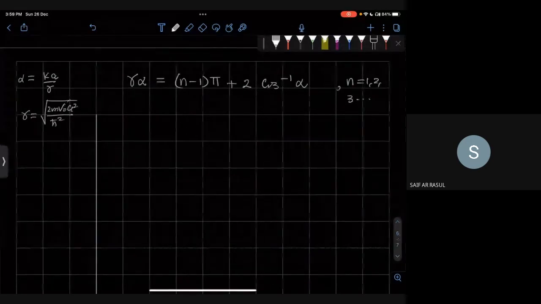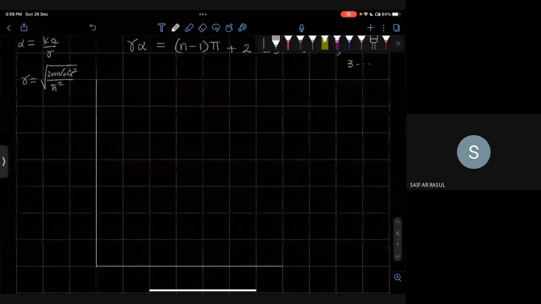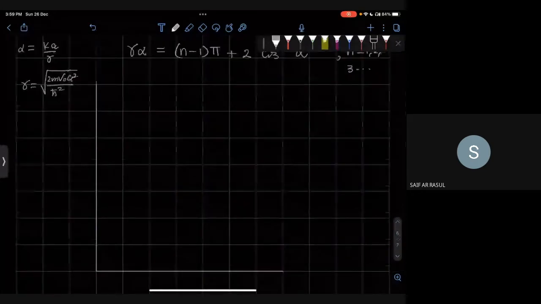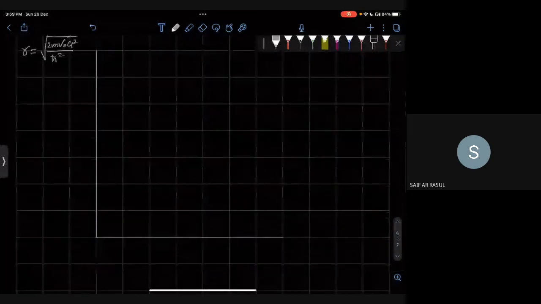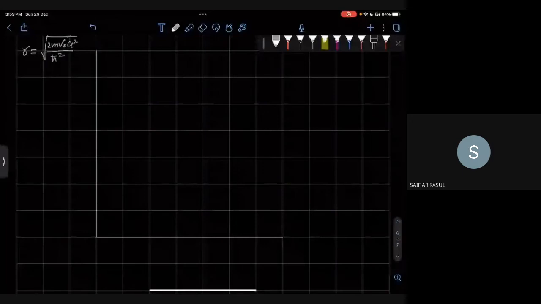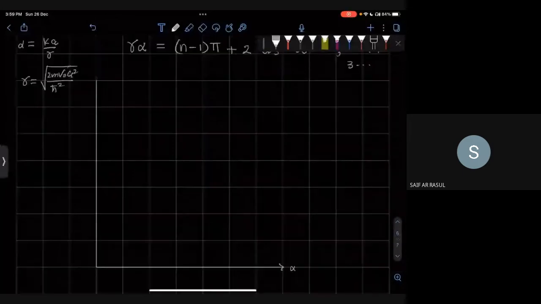So alpha measures the energy, and alpha goes up to 1.